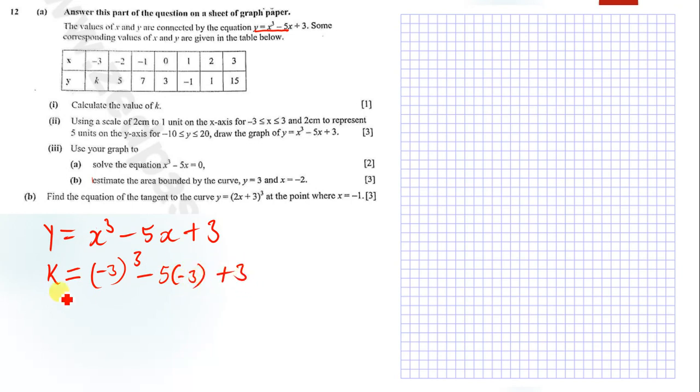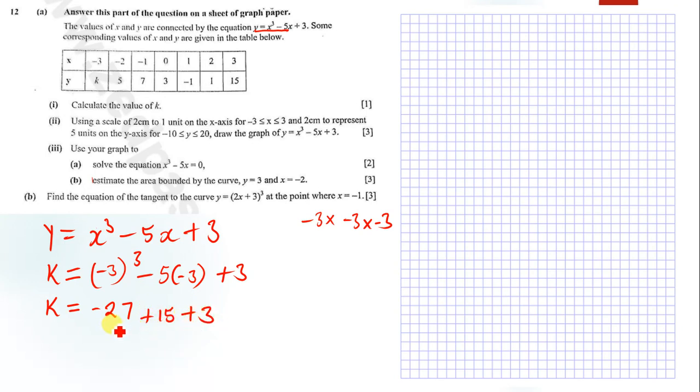So I'll put -3 there, I'll raise it to the power 3, minus 5, while there's x, I'm putting -3, then plus 3. So my k is therefore going to be equal to -3 raised to the power 3, which is just the same as -3 times -3 times -3, and -3 times -3 gives you 9. 9 times -3 gives you -27. So we put -27 there. -5 times -3, we're getting positive 15. And then we have positive 3 there.